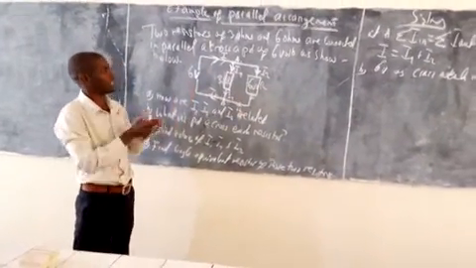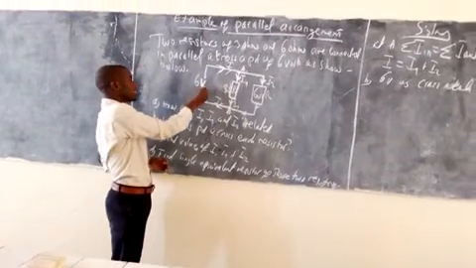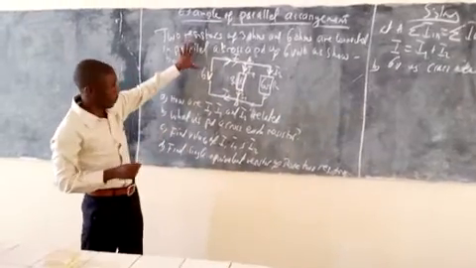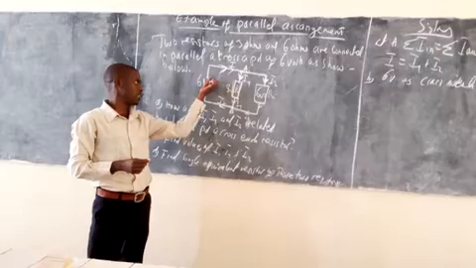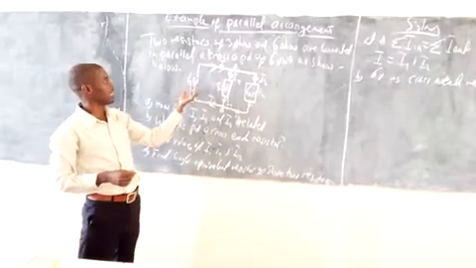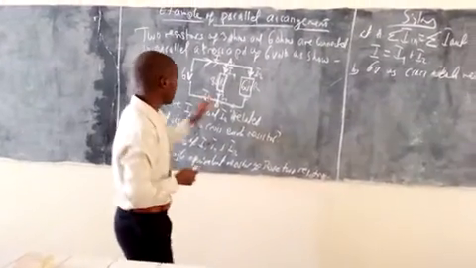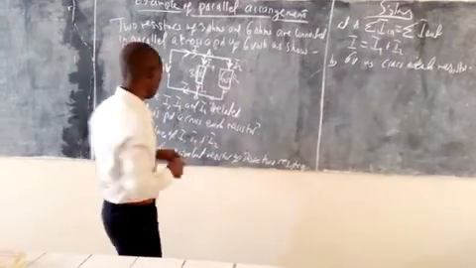We have said let us ignore the resistance of the battery, because in the problem they didn't tell us that this battery has internal resistance. We just say that it has negligible internal resistance. They share the common potential difference, which is 6 volts.